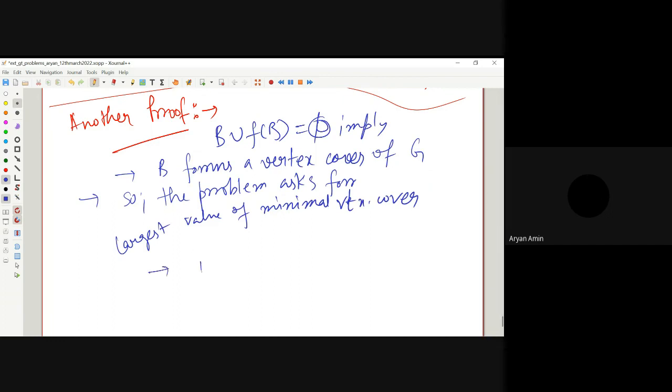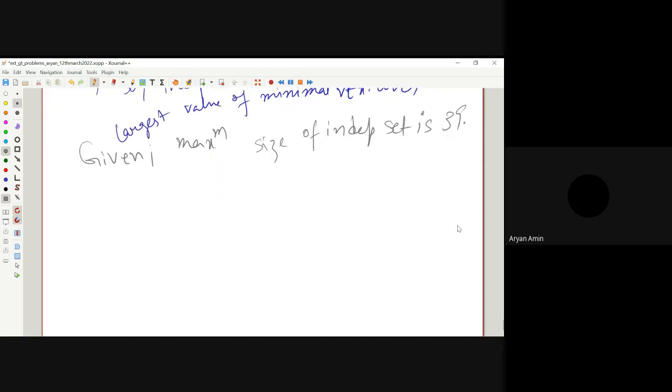This basically tells you that the maximum size of an independent set is 39. Does this formulation make sense? Does anyone have any questions regarding this formulation? Do you understand why this makes sense?